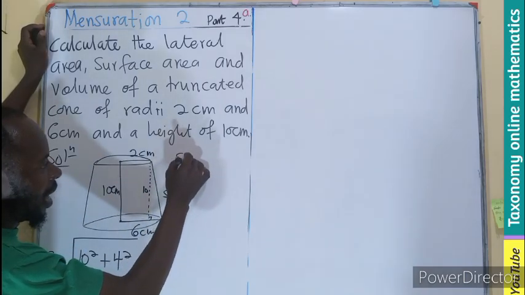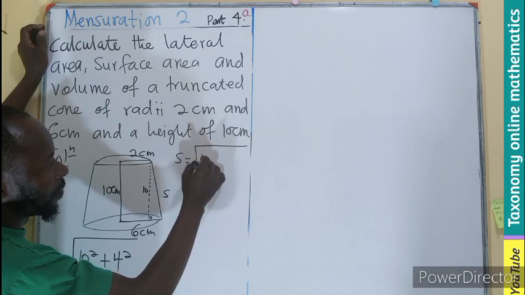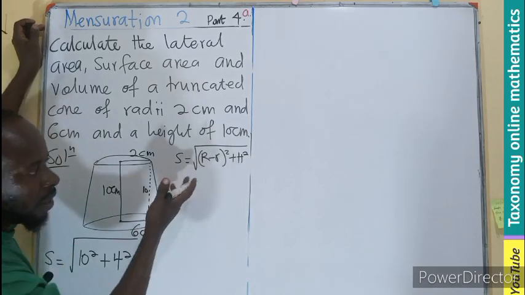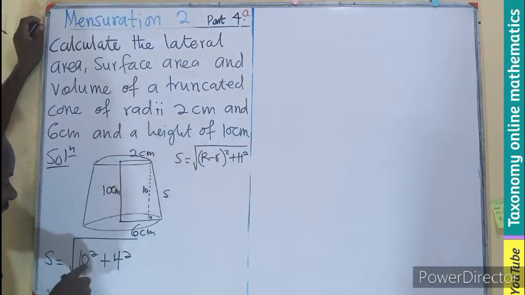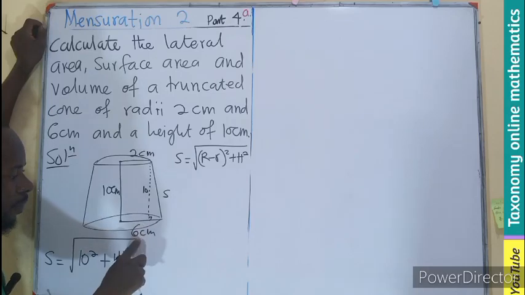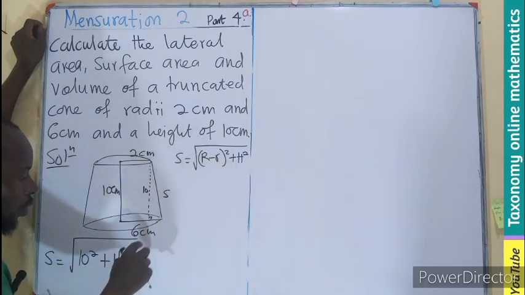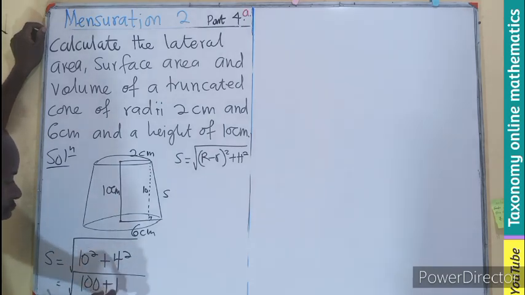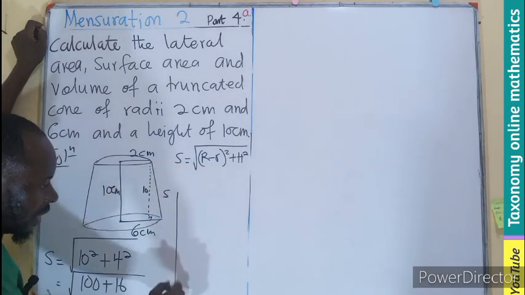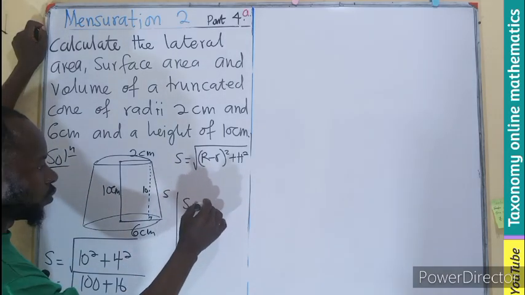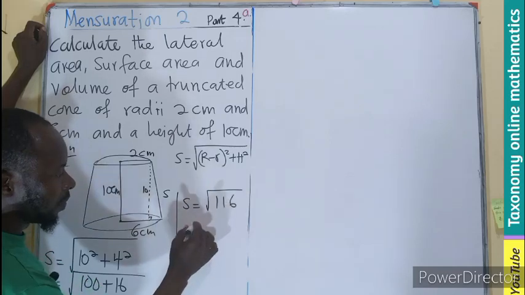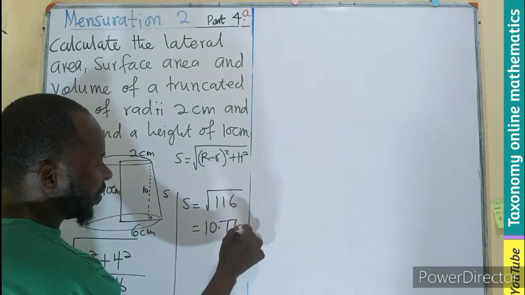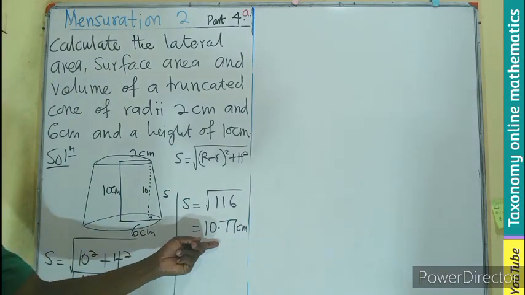Don't forget, the formula we developed was: R minus small r, all squared, plus H squared. The h is the 10 we have here. Capital R, 6. Small r, 2. So we have 4 squared. And that will give us the square root of 100 plus 16. So our s will be equal to the root of 116. That will be 10.77 centimeters. So we know the slant height.